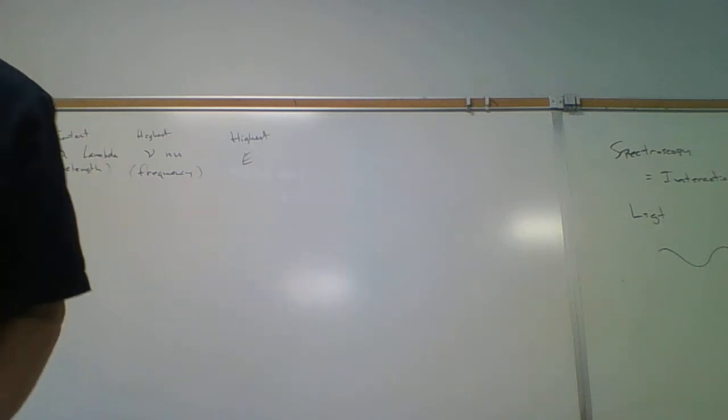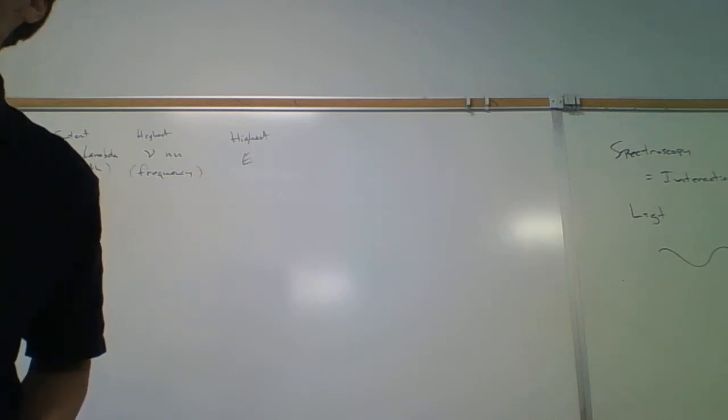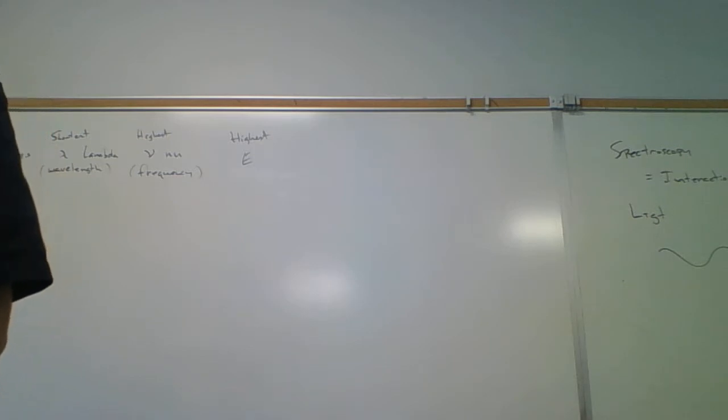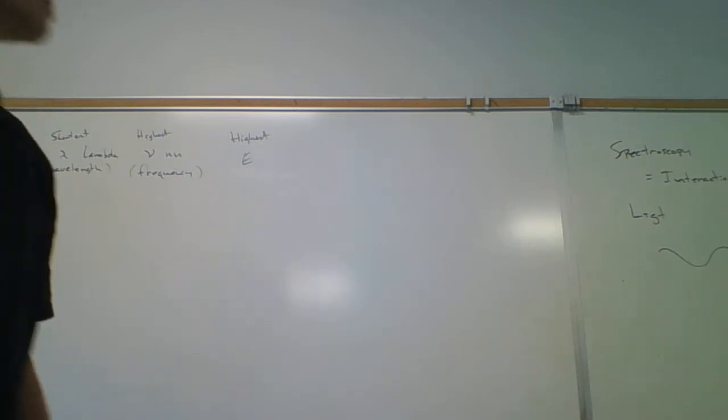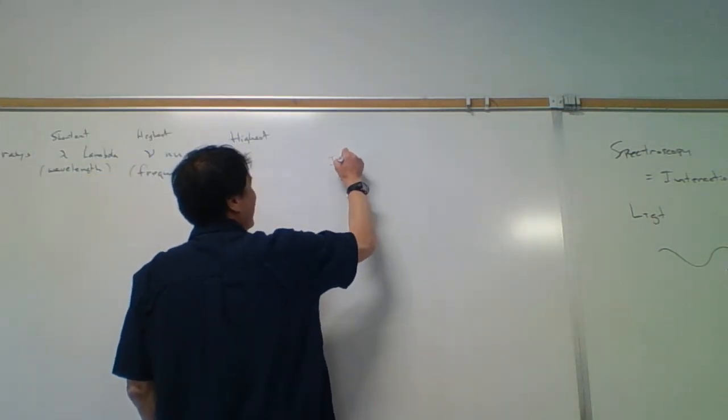When electrons get knocked off the atoms, we call that ionization. And so gamma rays are called ionizing radiation because they'll completely knock electrons off matter. So this ionizes matter.